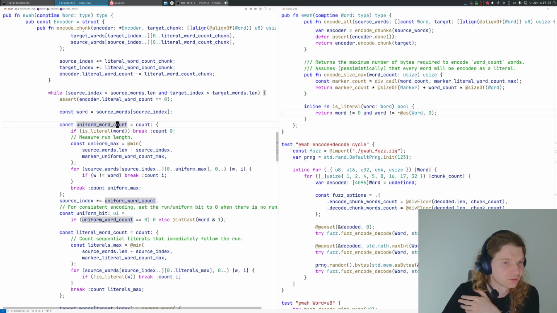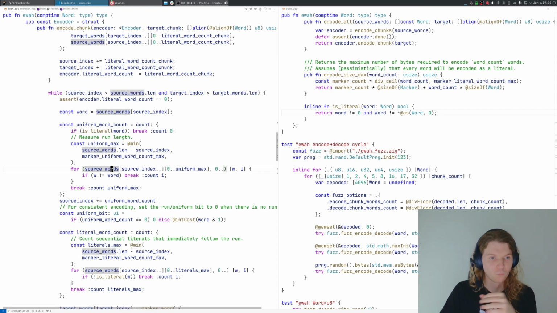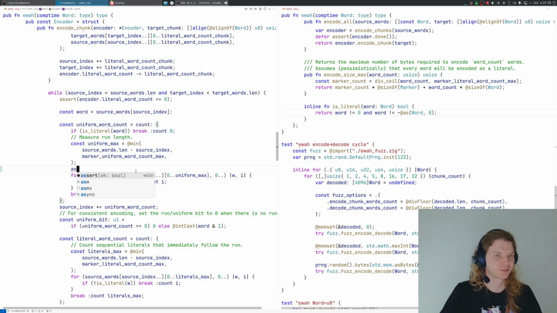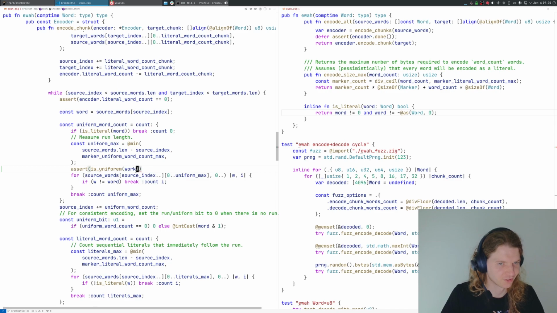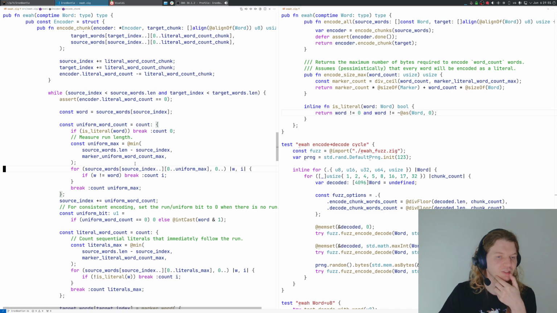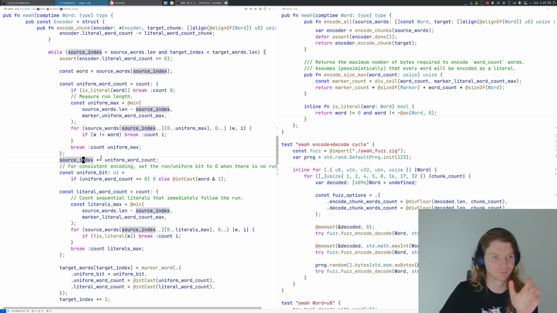Otherwise, we go through the source words, starting from the current position, and count the number of words which are equal to the current word, which is uniform here. We could probably assert it is uniform here, but it's kind of obvious because it is not literal. And so we have encoded all those uniform words.